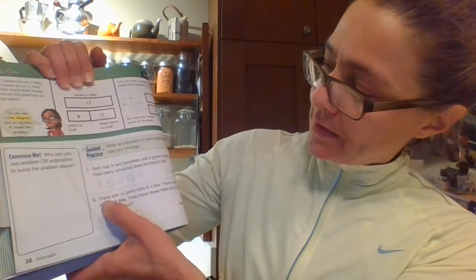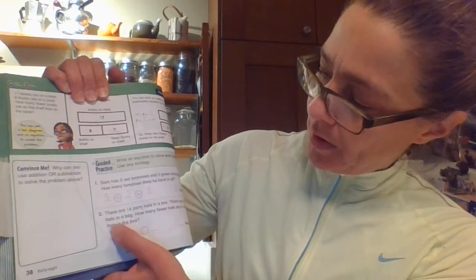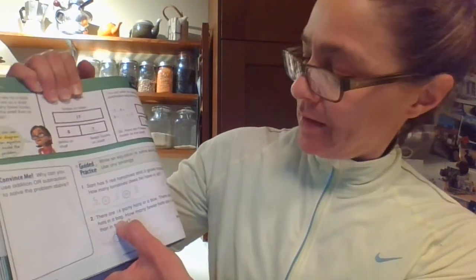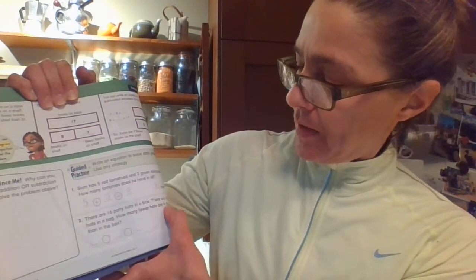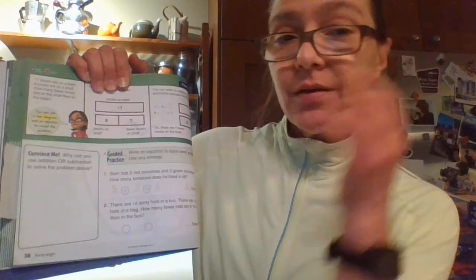Okay, and the next one asks, there are 6 party hats in a box. There are 10 party hats in a bag. How many fewer hats are in the bag than in the box? And with this one, you would think, do I want to count up or do I want to count back?